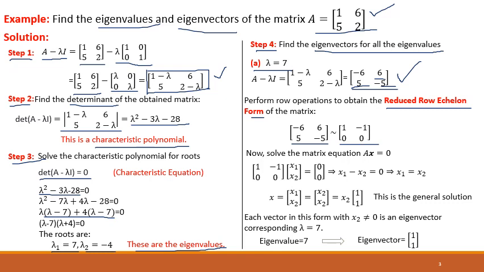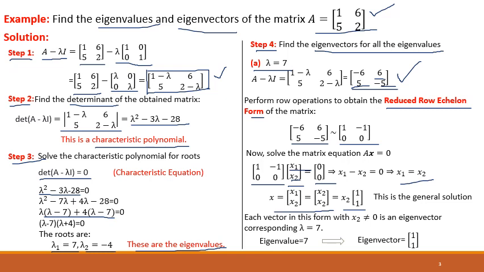Now we will solve the matrix equation. Here this is the value of the matrix in reduced row echelon form. This is the value of matrix X. It contains two unknowns, x1 and x2, and this is the right side of the equation. After simplification, we will get that x1 is equal to x2, and when we put the values, we will get x2 times the vector 1, 1.